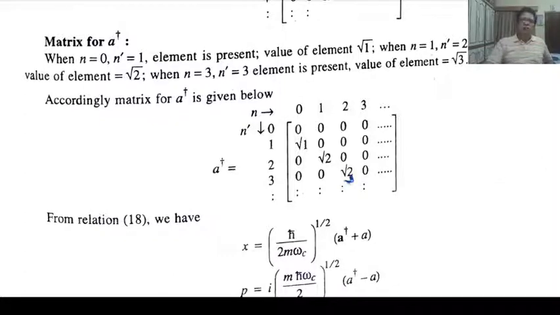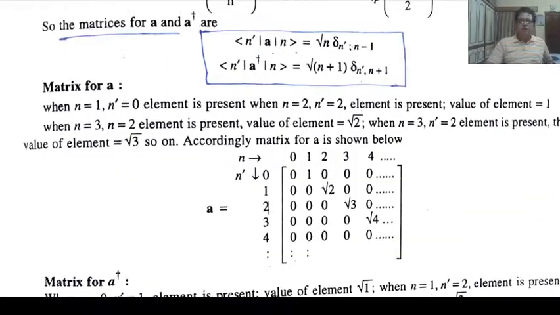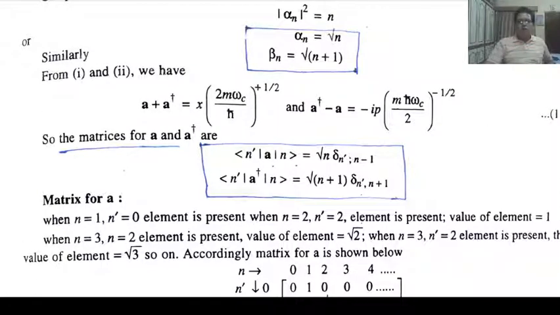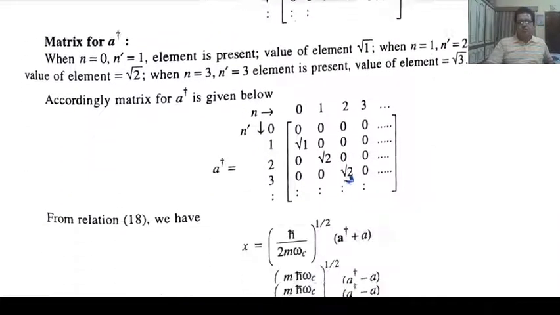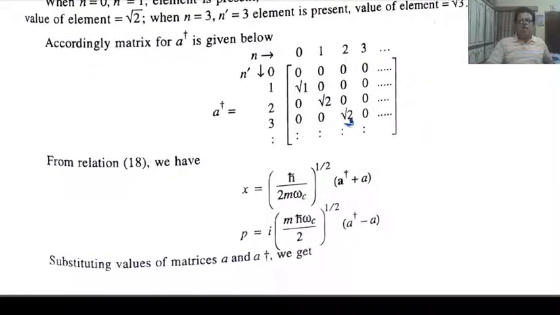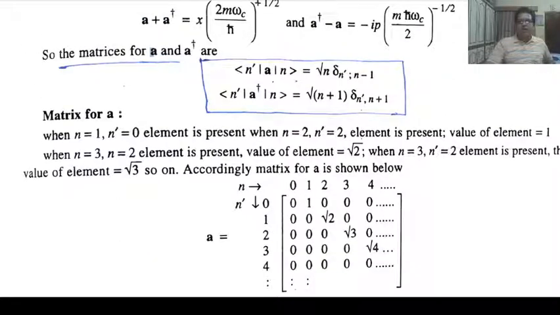So you can calculate the a and a dagger matrices using the relation here we operate. From relation 18, this is the relation 18.